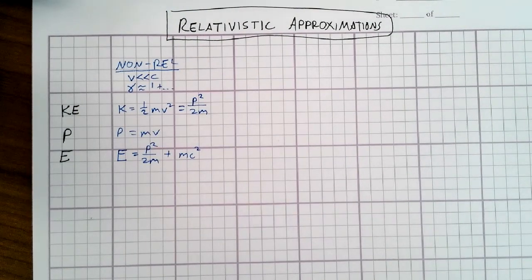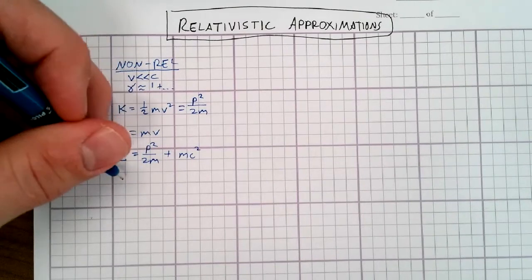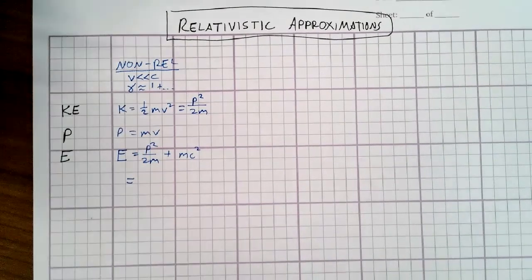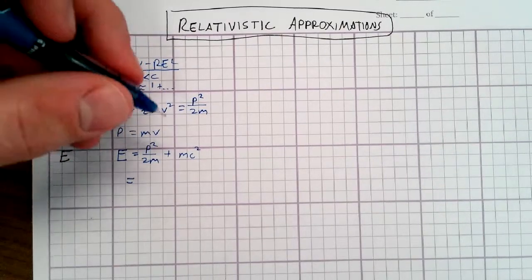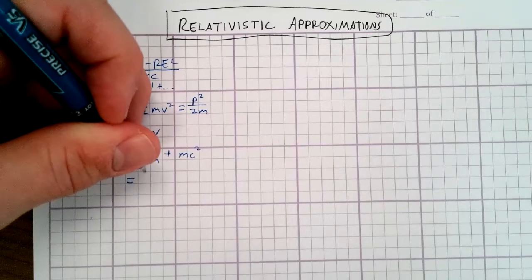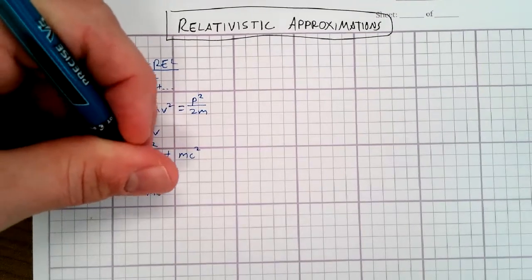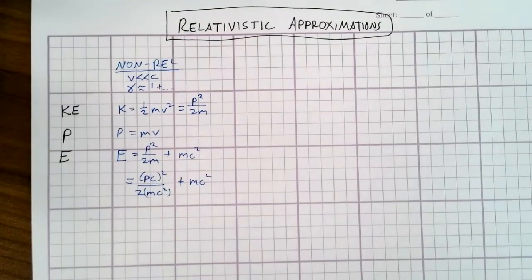Now, I'm going to do one thing to this to make it even easier to deal with, because life is hard. Let's not suffer needlessly. If I take my p squared over 2m term and multiply numerator and denominator by a factor of c squared, I can write this as (pc) squared over 2mc squared plus mc squared.